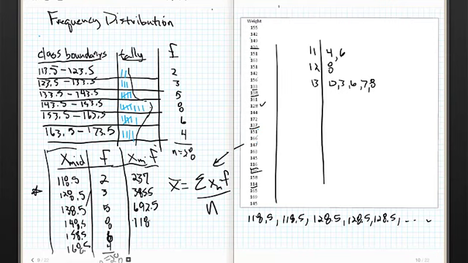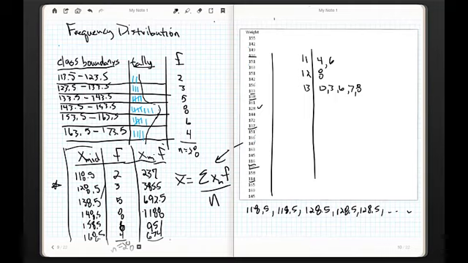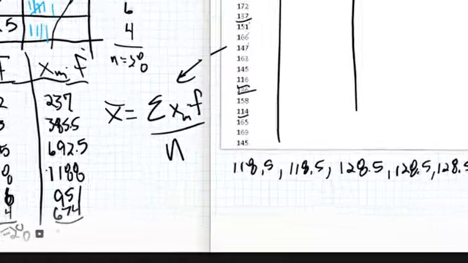And then 6 times 158.5 is going to be 951. And then 4 times 168.5 is going to equal 674. I'm running out of room here at the bottom. So when I add all these up, I get 4128.